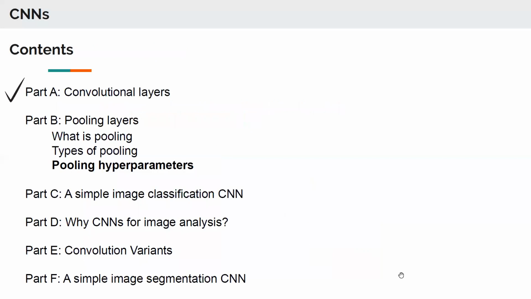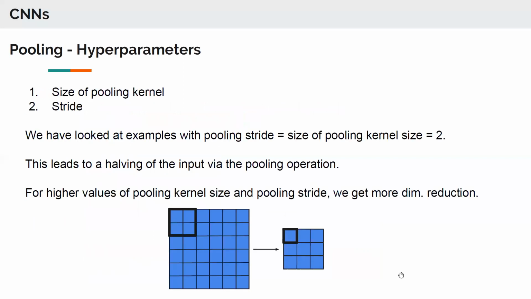Okay, so what hyperparameters did we have while implementing this pooling layer? Basically, we had two. We had the size of the pooling kernel, which was 2 by 2, and then we had a stride, which is how to go from one region to the next. We had the kernel here, and then we moved 2 pixels to have it here.